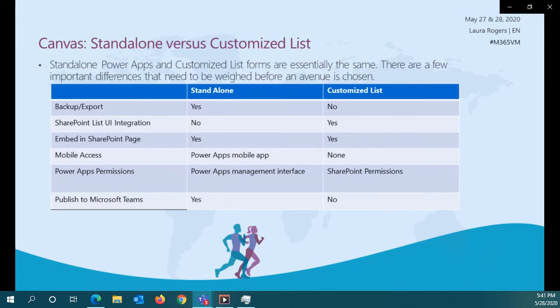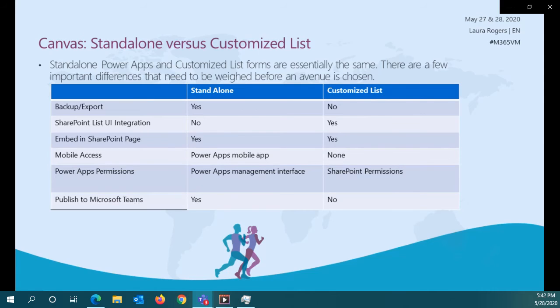But there are a couple things that you can do to be able to use customized list form Power Apps on your mobile app. You can add a tab in a team to go directly to that list that has the customized list form, and therefore you can fill out that Power App directly in your Teams tab.